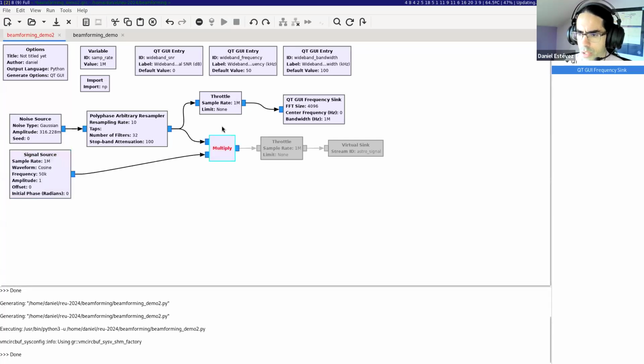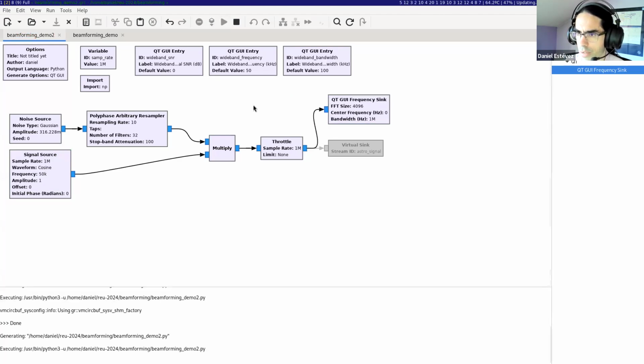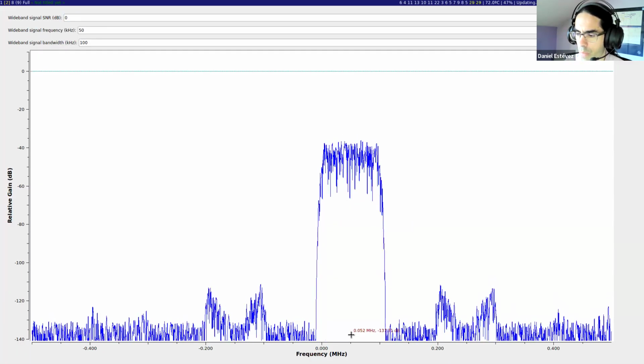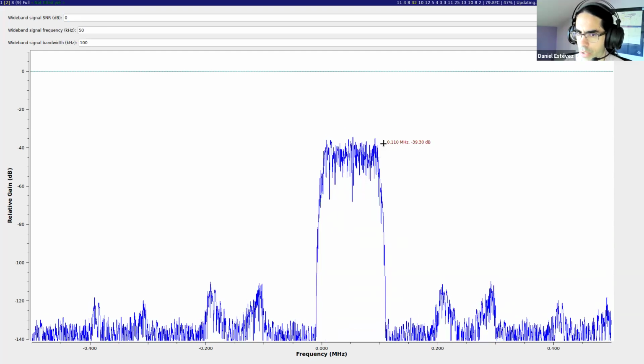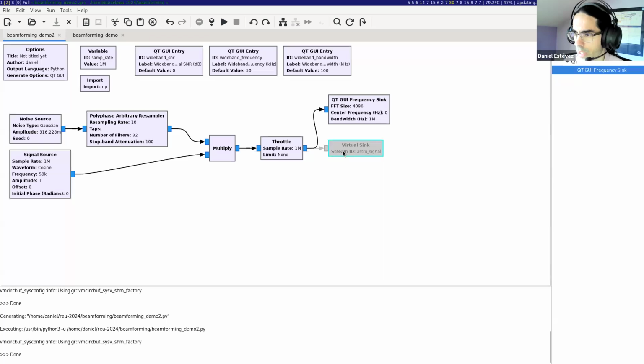The reason is because I'm doing this trick of signal source cosine 50 kilohertz multiply. So this, as we have seen, is a frequency translation. And if I use this, then this is centered at 50 kilohertz. So nothing new, really. I have here a virtual sink for my astronomical signal to make things more tidy in the flow graph.